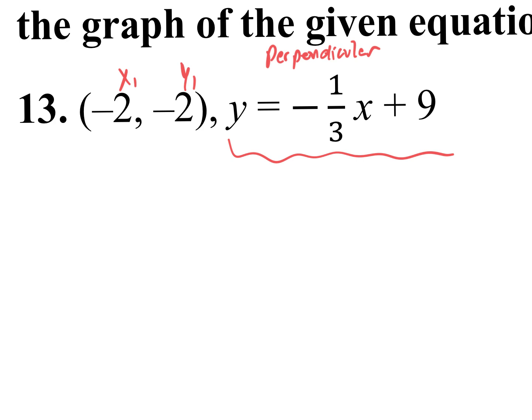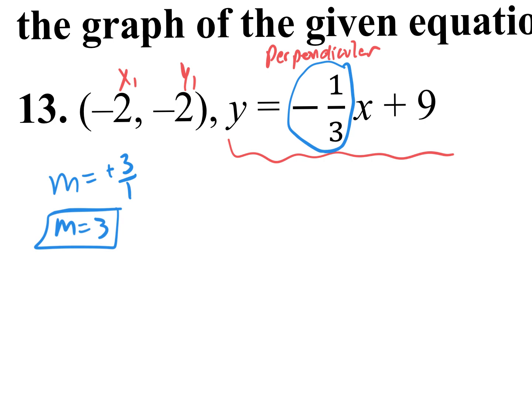So our slope, our m value, has to be the opposite and reciprocal of negative 1/3: positive 3. You could say positive 3 over 1, but the best way of writing that would just be m equals 3. Change to a positive, flip the fraction, it'll be 3 over 1, but the best way to write it is just m equals 3.